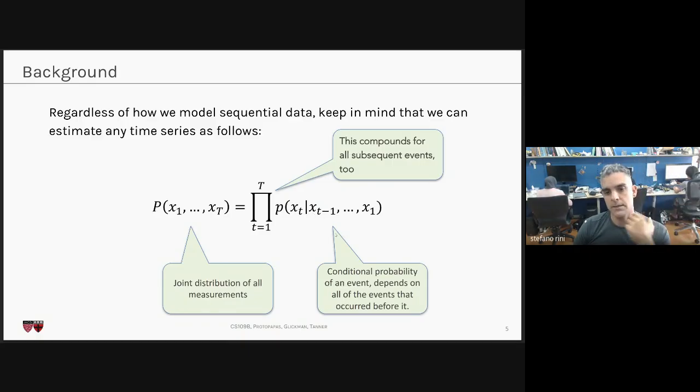We start from the first word, then the probability of the first word is multiplied by the second word given the first word, which is then multiplied by the probability of the third word given the second word and the first word, and so on and so on.